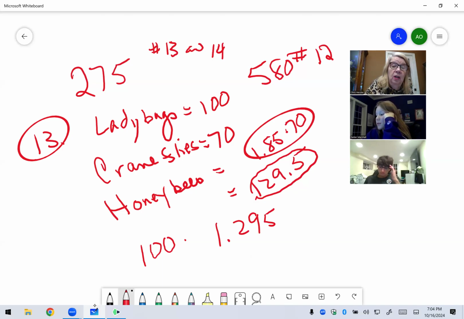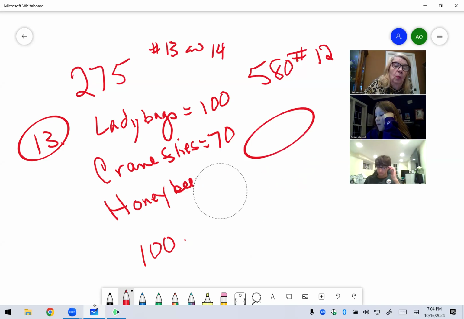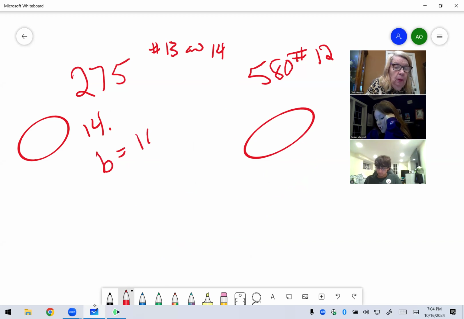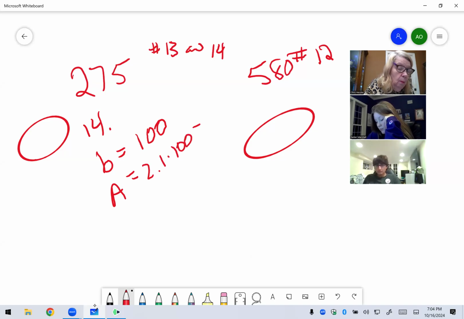Okay, let's try 14. We'll have those circles there. Okay. Hardest one. The number A is 210% of the number B. So let's call B 100. So A is going to be 2.1 times 100, which is 210.